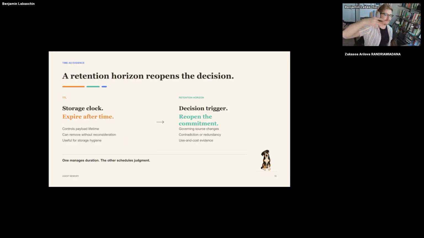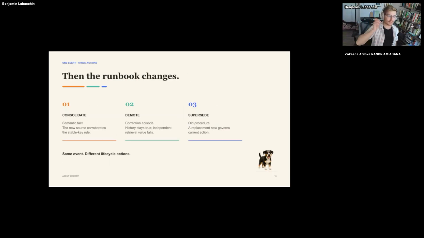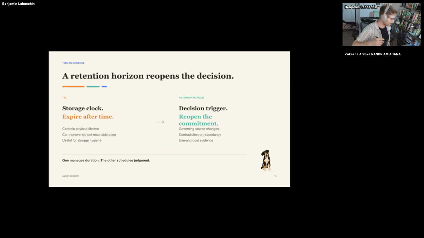A better way of thinking about it, I think, what I assert, is a retention horizon. It's answering a life cycle question. What condition should reopen a decision to consolidate, demote, or supersede a memory? That's the thing that I'm considering, and what I think agents should consider, and what agents do consider in refined memory systems. So you want to give them a decision trigger to reopen a commitment to a certain memory.